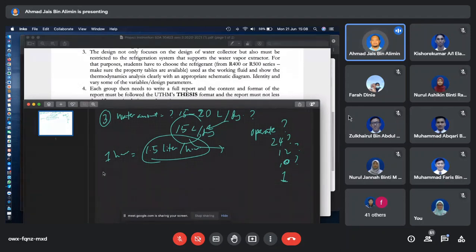you are instructed to use the refrigeration system to extract the moisture from the surrounding. You already finished the chapter on mixtures, so you know the influence of relative humidity and specific humidity.